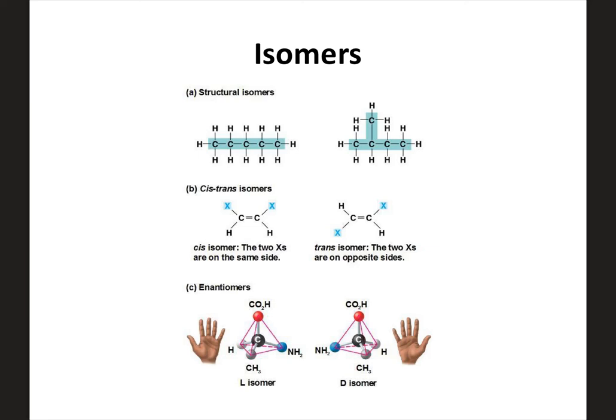Trans would be when they're on opposite sides, and this usually occurs around a double bond because the double bond has restricted rotation, it's very rigid, and doesn't allow for rotation. And then enantiomers are the last type, but they're just mirror images of each other. So obviously you should be aware of the three types, and if you're given examples, be able to identify which type of isomer you are looking at.